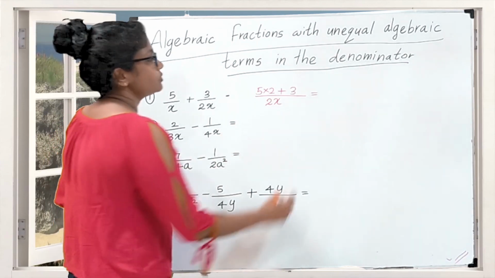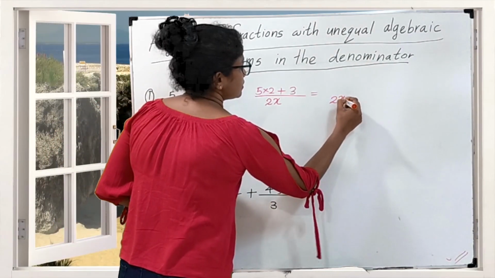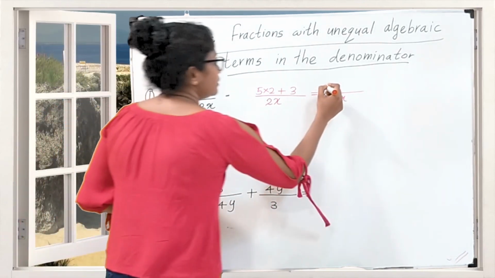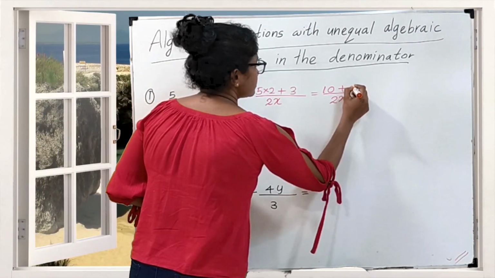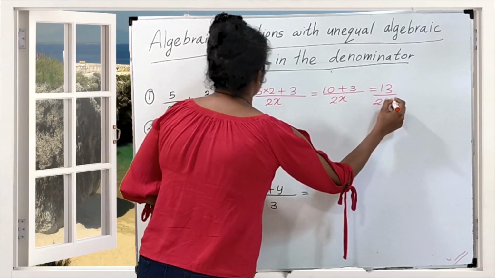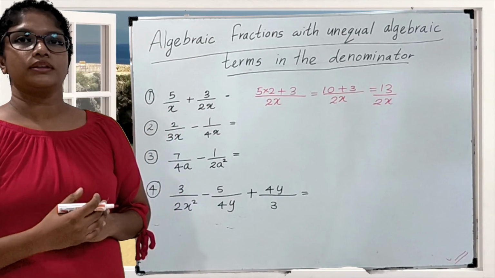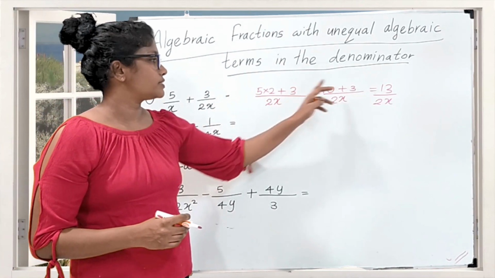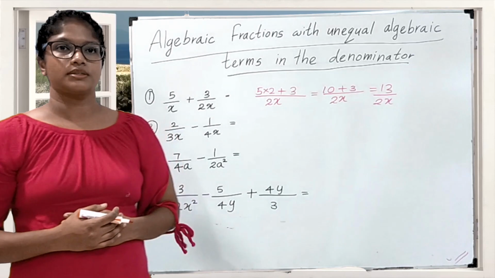So over 2x, 5 into 2, 10 plus 3. It gives the value 13 over 2x.